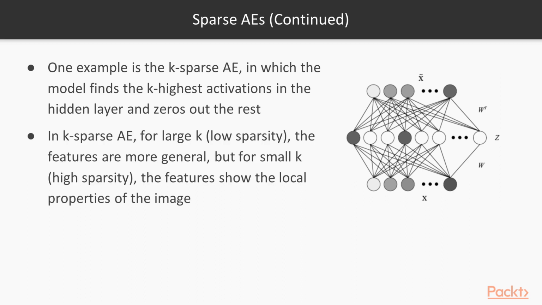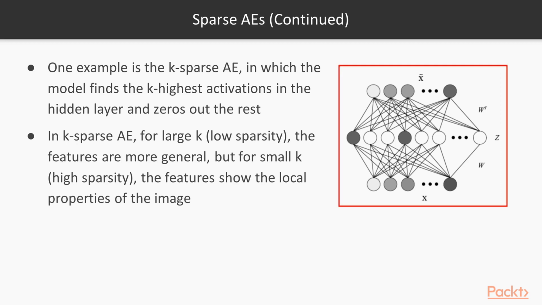In K-sparse autoencoders, for large K, which shows low sparsity, the features are more general. But for small K, which corresponds to high sparsity, features show the local properties of the image. Here you can see an example of a sparse autoencoder in which the number of neurons in the hidden layer Z is even bigger than the input X or the output X hat.